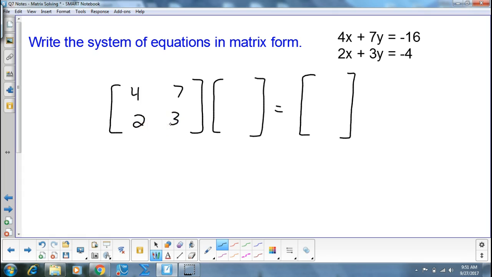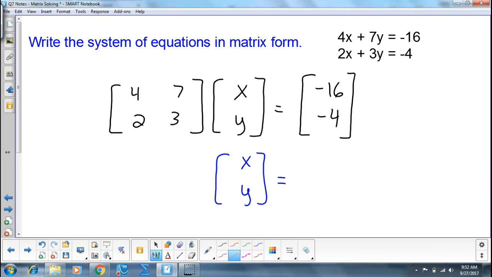Next one is xy, negative 16 and negative 4. Okay? So I'm going to take the inverse of my coefficient matrix, multiply it on the left side, on both sides of my equation. So that's going to give me xy here is equal to, all right, so the inverse of that matrix is 1 over what?